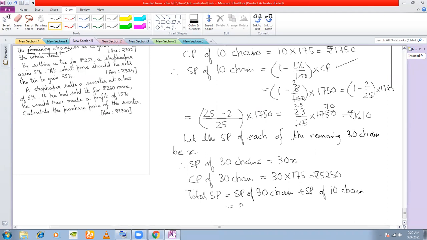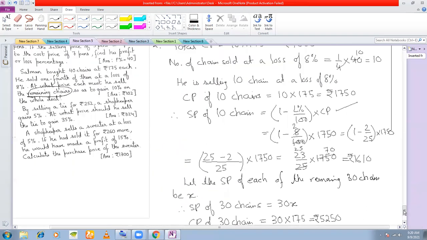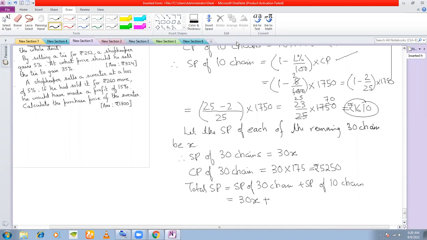Selling price of 30 shares is 30X. And selling price of 10 shares we have found out here. This is 1,610. This is his total selling price, right?